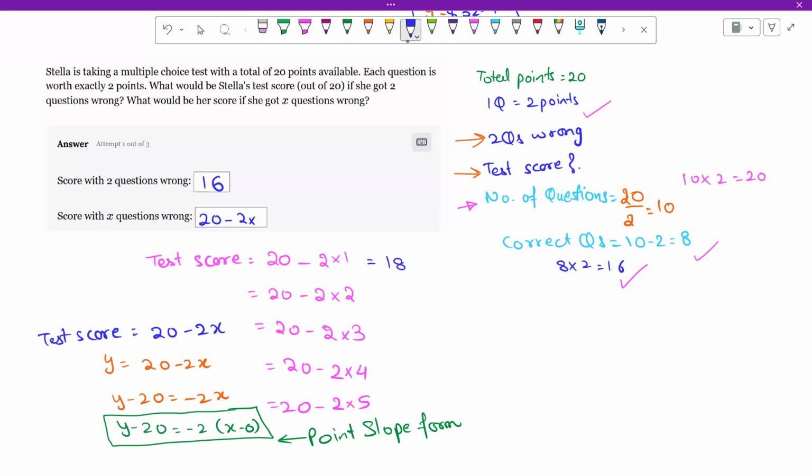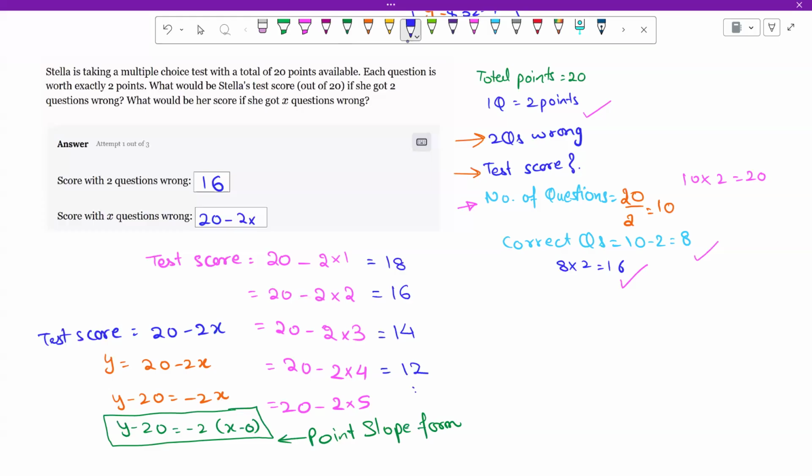18. Yeah. So if 2 questions are wrong, that means 2 times 2, 4 marks deducted. That means 16 she got. If 3 questions wrong, 1 question is 2 marks, so 3 twos are 6 marks deducted, 14 marks. 4 questions wrong, 4 times 2, 8 marks deducted, so 12.